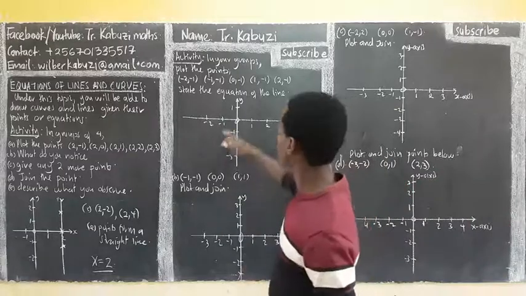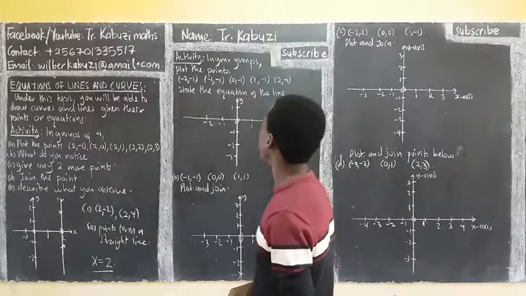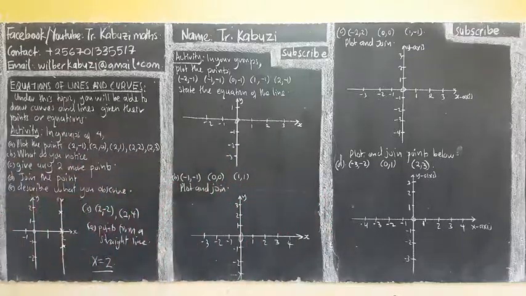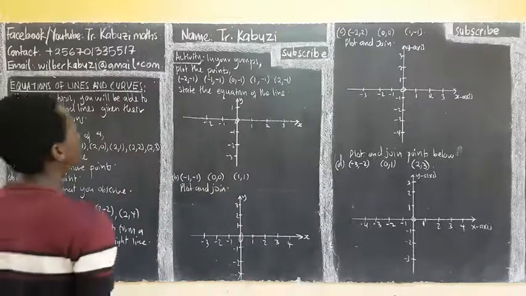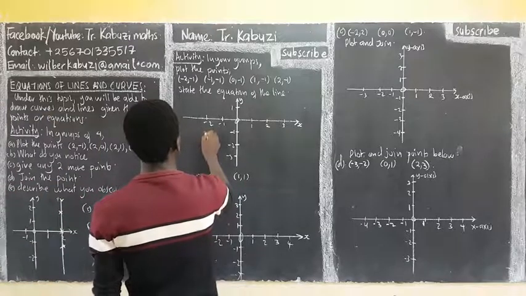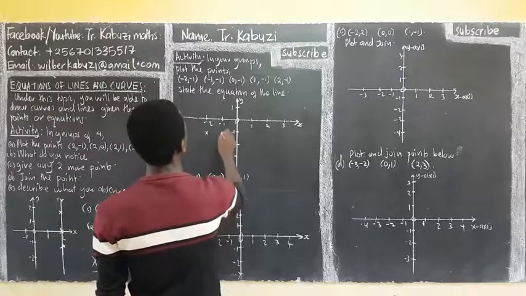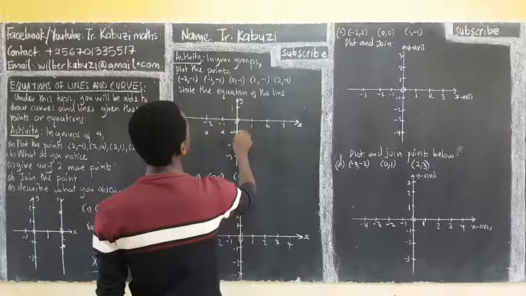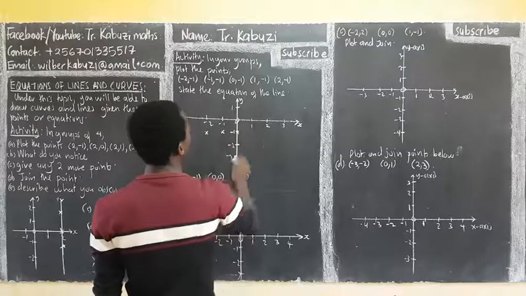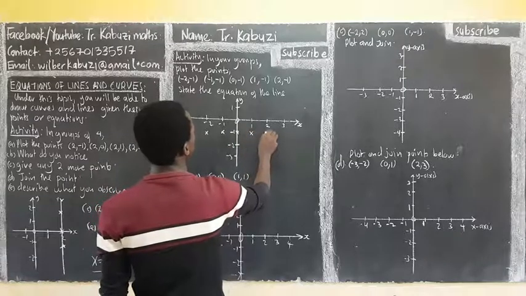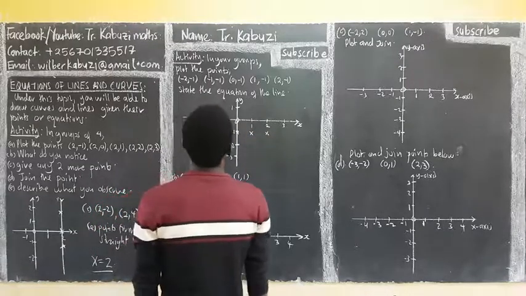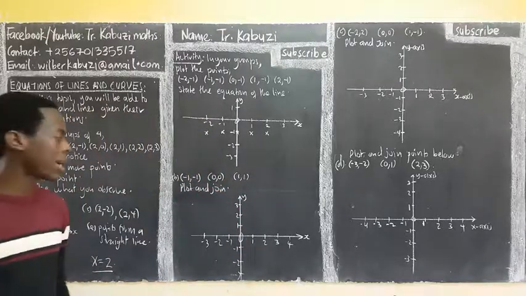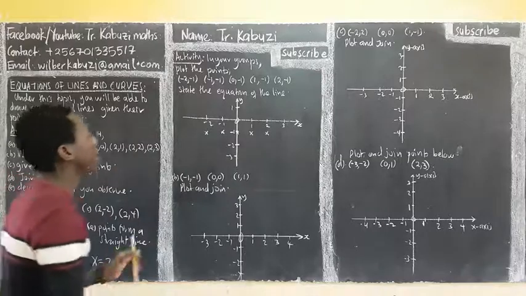Okay, new groups, can we handle this? I have (-2, -1), which is here. (-1, -1), which is here. (0, -1), (1, -1), which is there, (2, -1), which is there. State the equation after joining. Can we join?